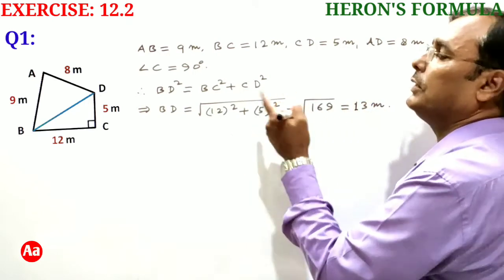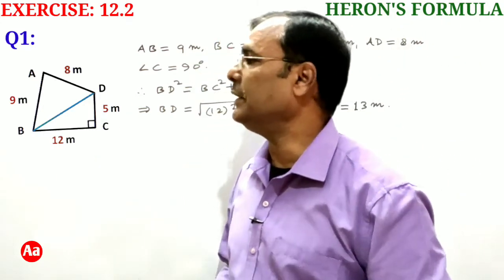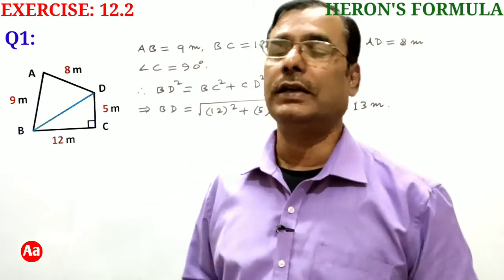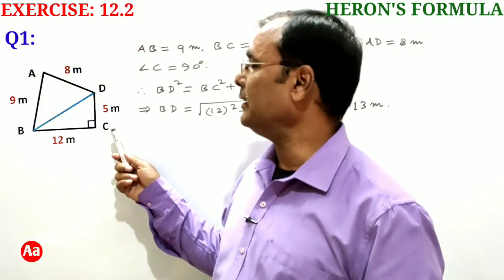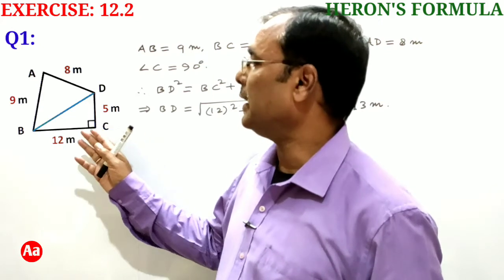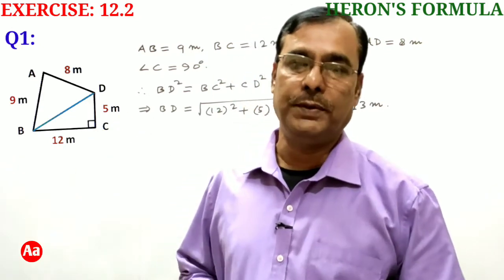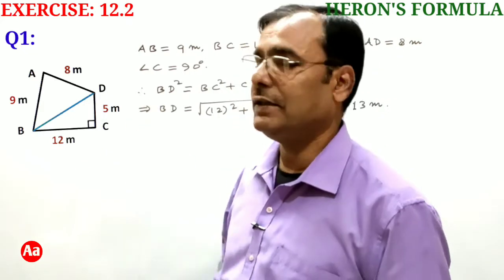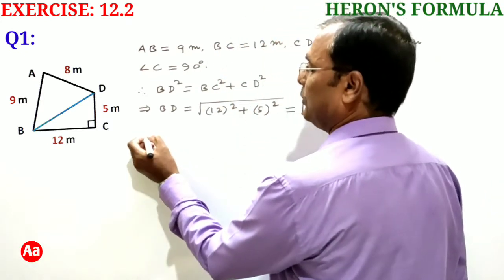So diagonal BD we have got 13 meter, and diagonal BD divides the park into two triangular parts. As angle C is 90 degree, we can find the area of the triangular part of the park BCD directly by applying half into base into height, taking BC as base and CD as height.